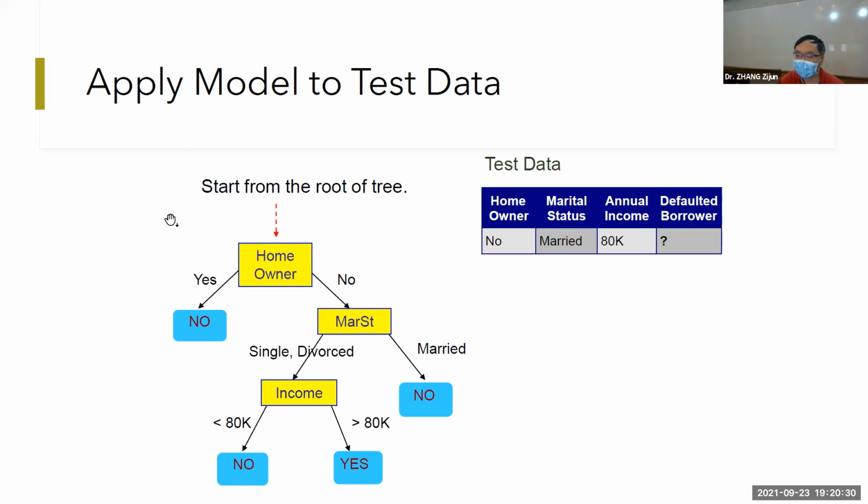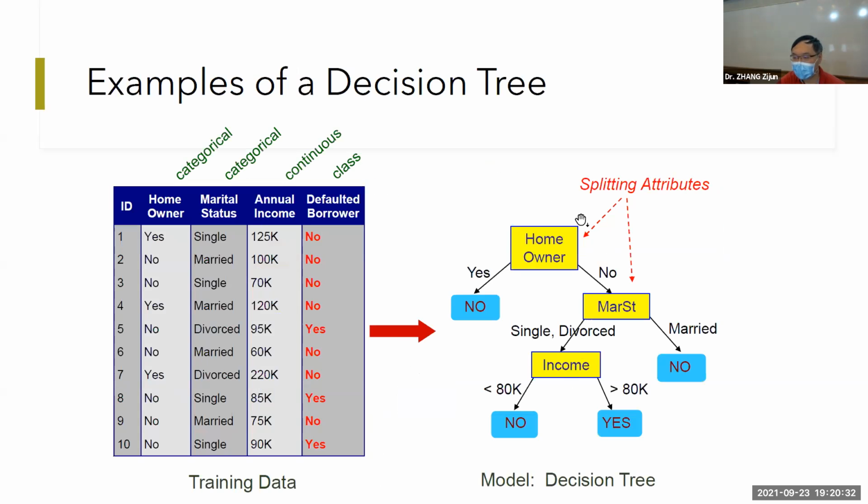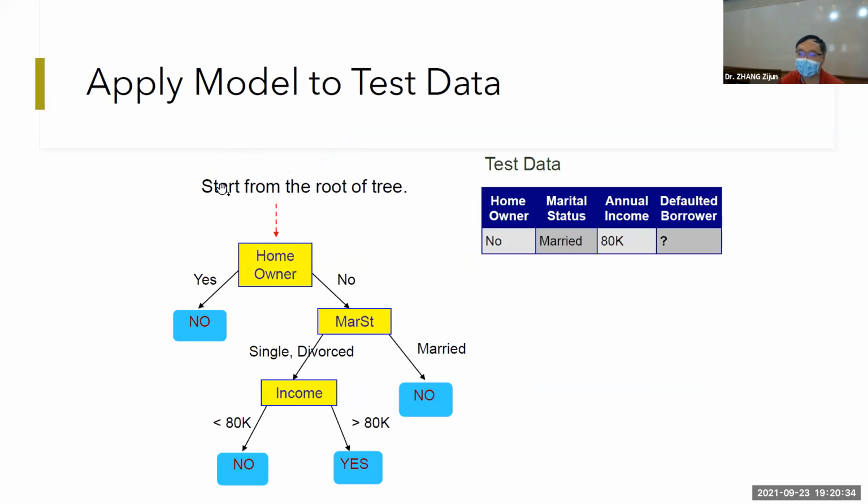Once you have built such a tree from the training data, we apply the tree model to testing data. How can we generate the outcome? If we have test data which offers the values of three-dimensional inputs, the homeowner, the marital status, and annual income, how can we classify the defaulted borrower?